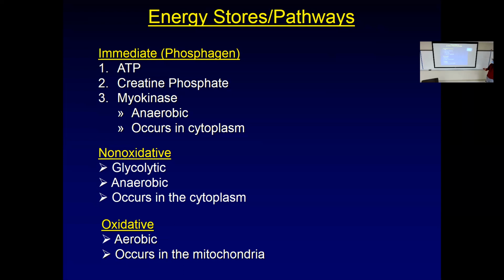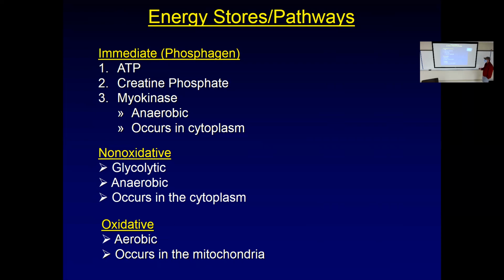These are going to be reactions that have a relatively small amount of ATP that we can make, but they're going to occur, as the name says, immediately. Right? So if I say, Alex, stand up and do 5 jumping jacks, this is the first place that we're going to get most of the energy for doing that. Even though the others are still going, most of it initially is going to come from here.